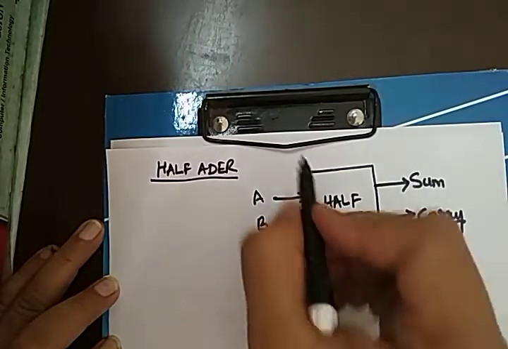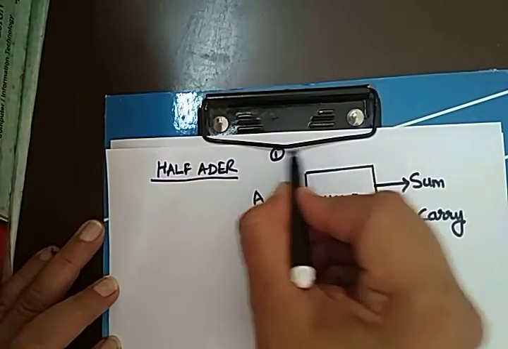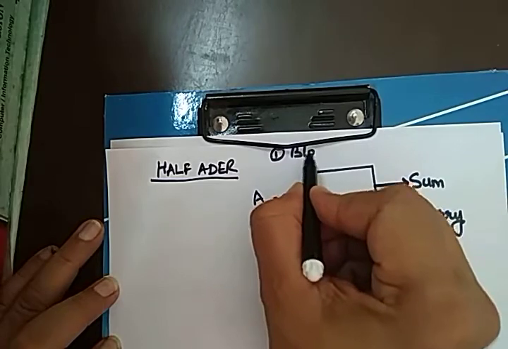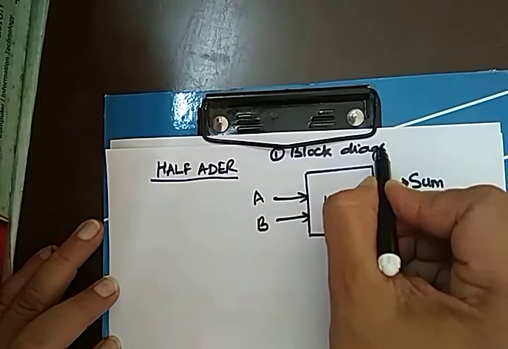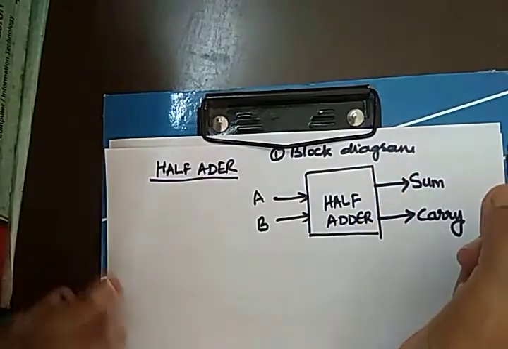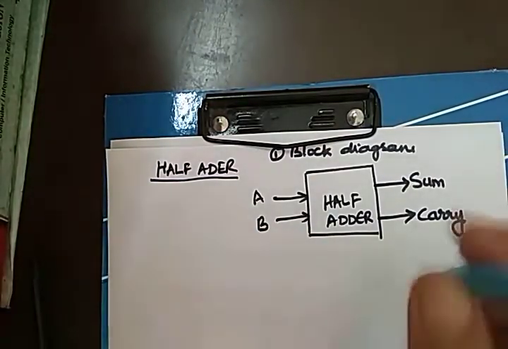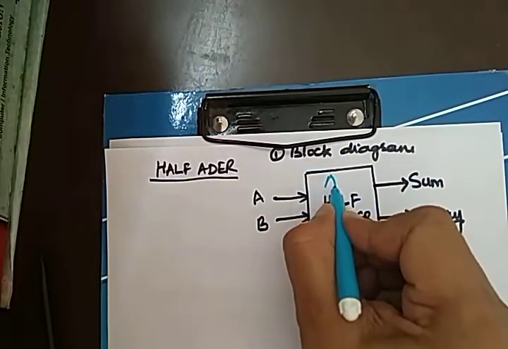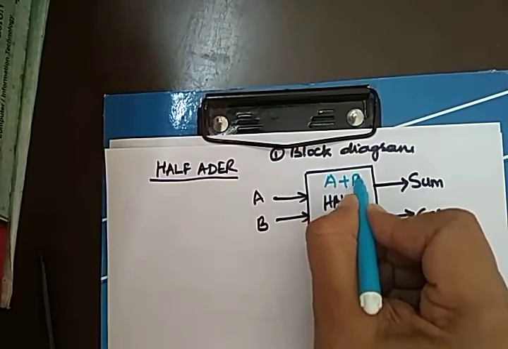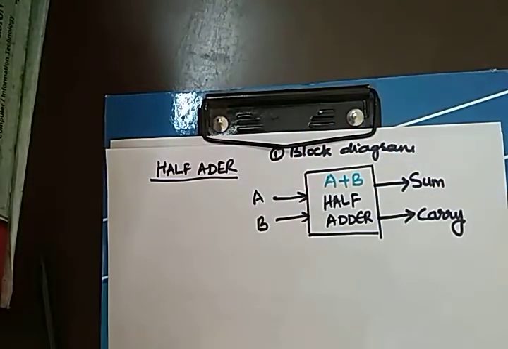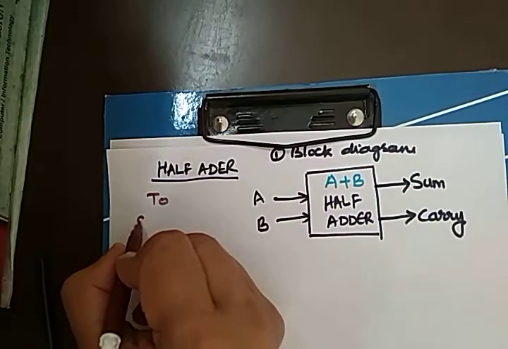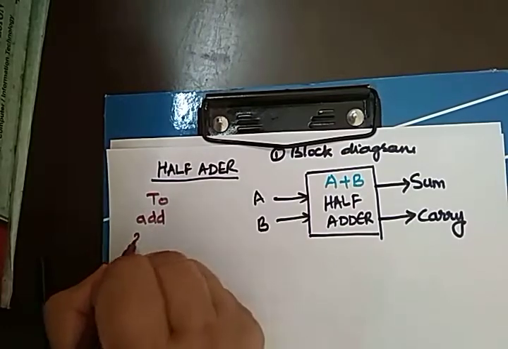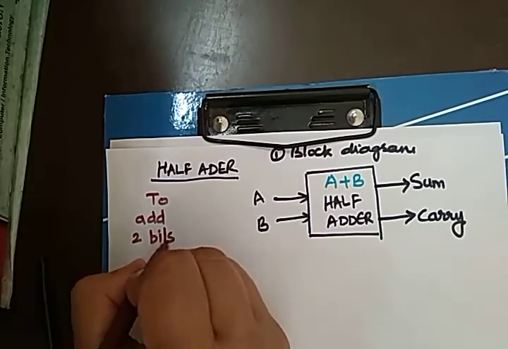This is the first step of any combinational logic circuit: you draw the block diagram. The function that the half adder is performing is A plus B, so it is used to add two bits.